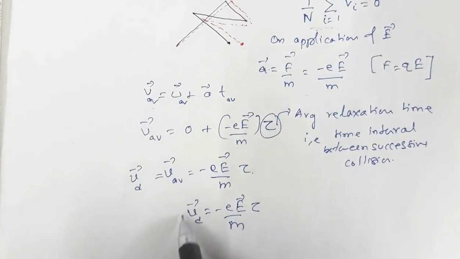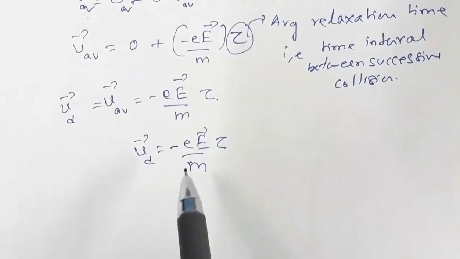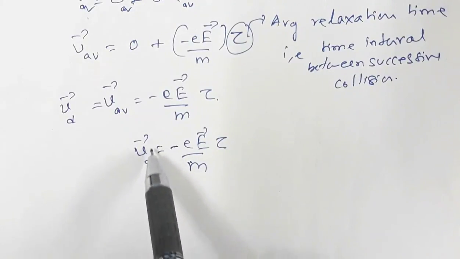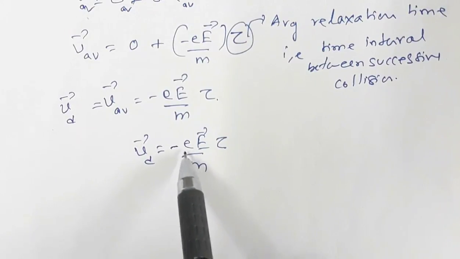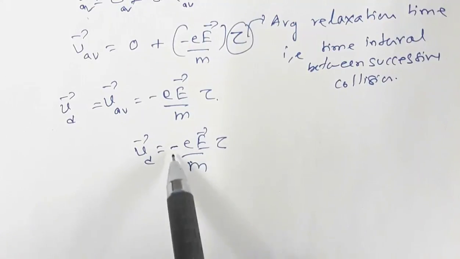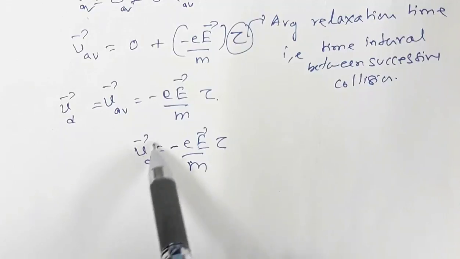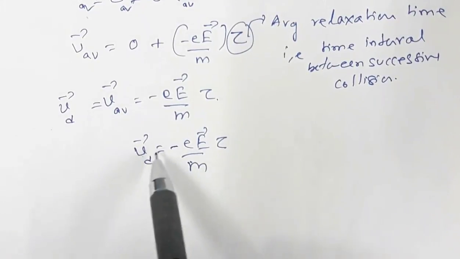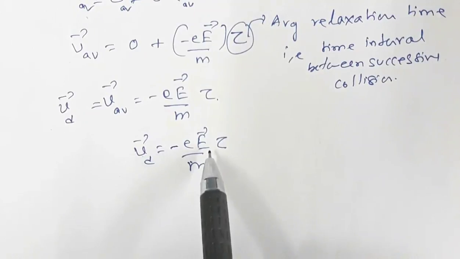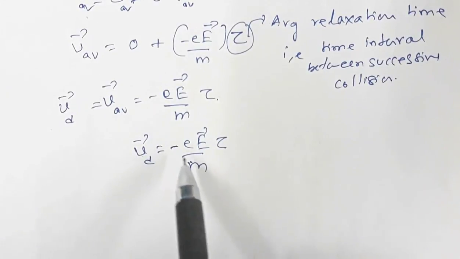As you can see, the only vector quantities here are drift velocity and electric field, and in between you have a minus sign. That means the direction of drift velocity of free electrons is opposite to the direction of the applied electric field.